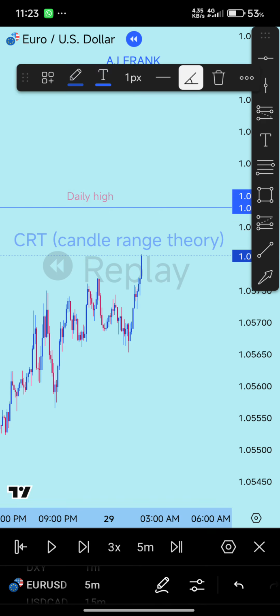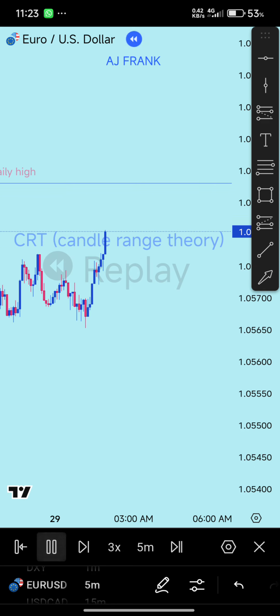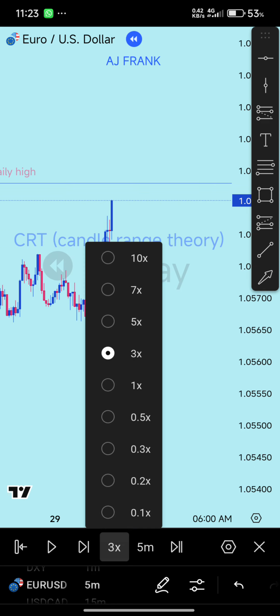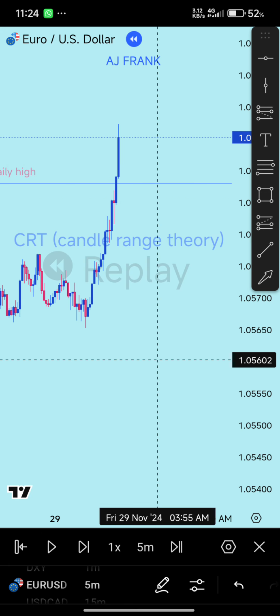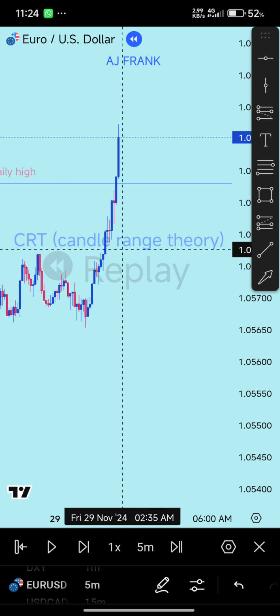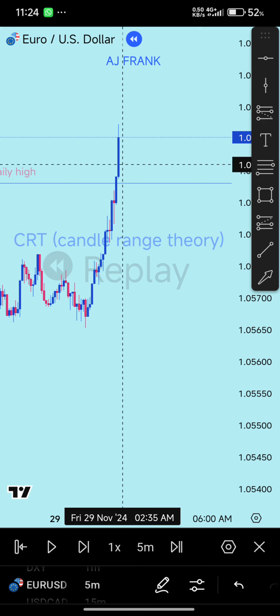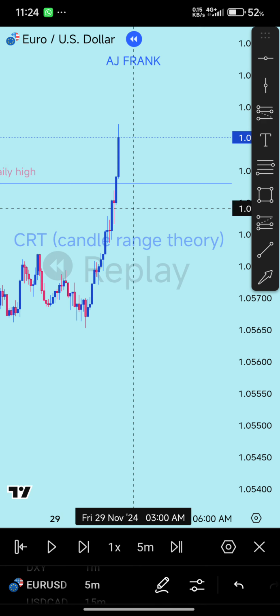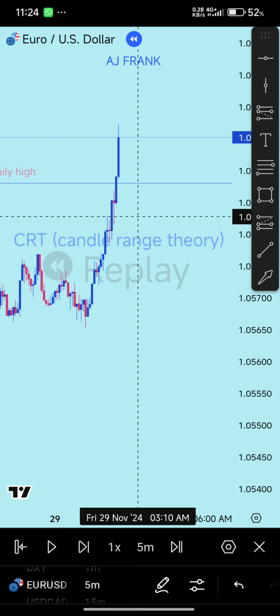So you see, price has taken our daily high. So for us to confirm if it's a liquidity grab, we will need to see price come down impulsively, leaving a fair value gap, right?